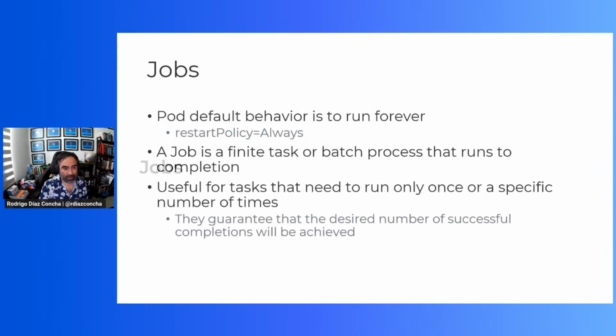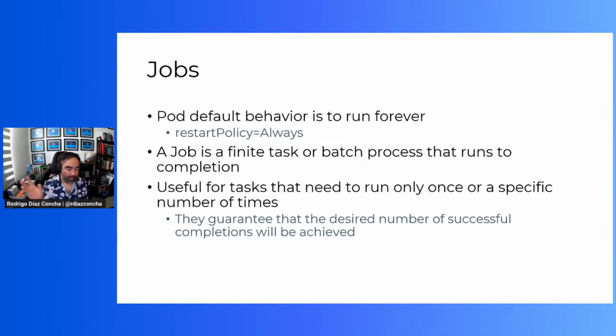Then we talked about jobs. Remember the episode about jobs? Well, those objects are pretty useful when you want to execute a finite task or batch process that runs to completion, right?